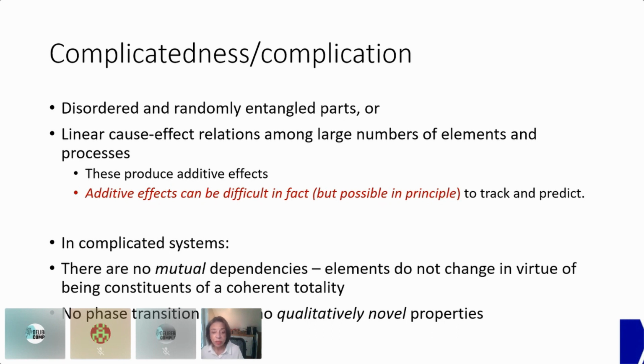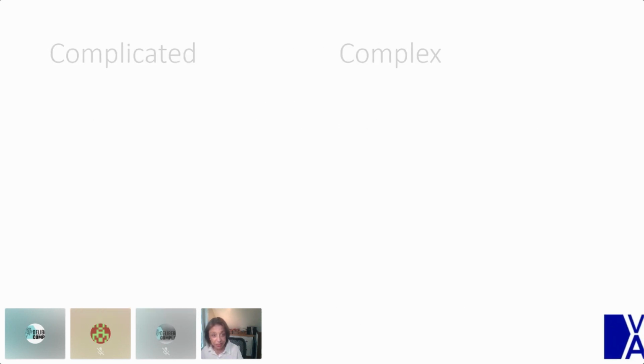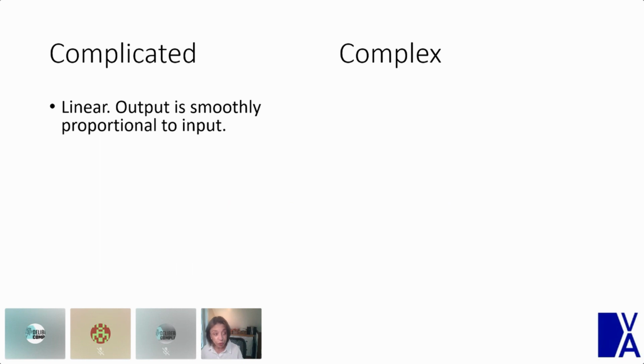In particular, there is no phase transition that turns a complicated mass of stuff into a complex system, because there are no qualitatively novel properties that emerge as a result of a phase transition. So if you think of complicated systems as linear, their output is smoothly proportional to the input. You double the number of sand grains, you double the size of the sand dune. The properties of the whole, therefore, are sums.